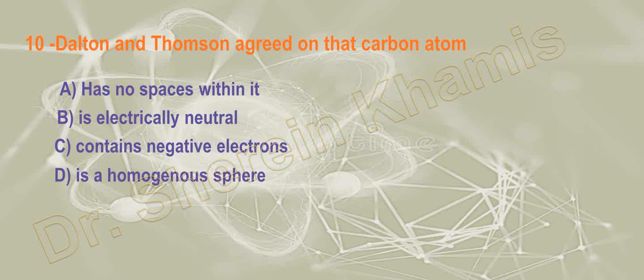Thomson said the atom is a solid sphere with positive charge and embedded negative charge in it, and Dalton said the atom is a very solid body that we can't divide.